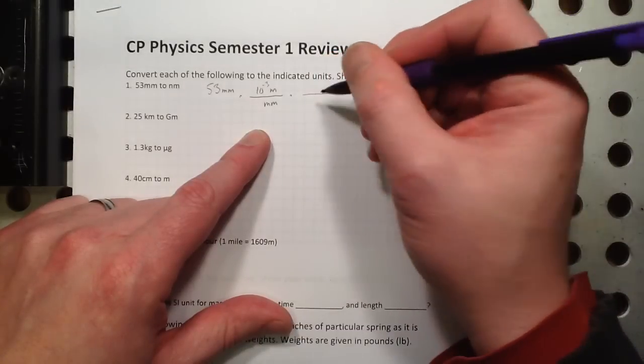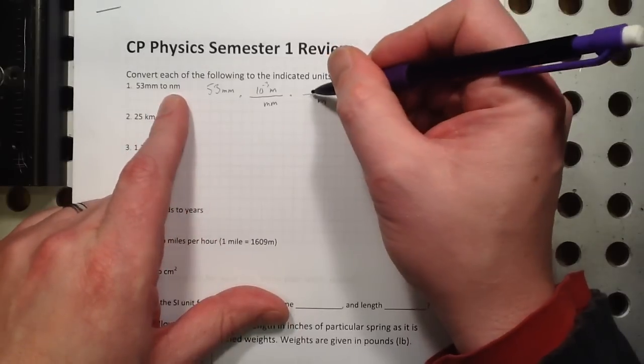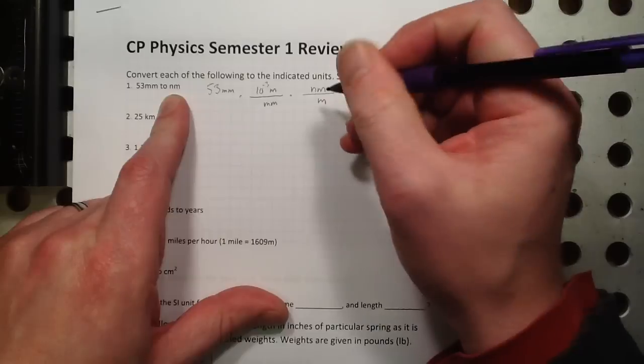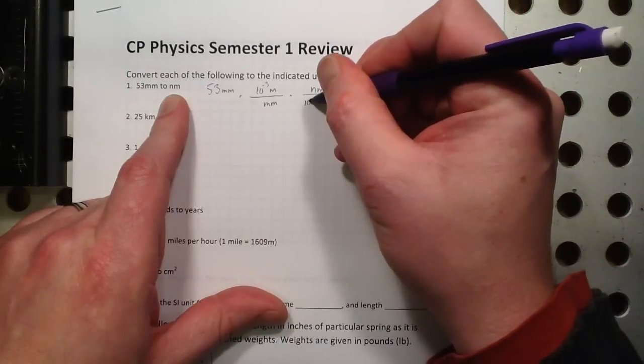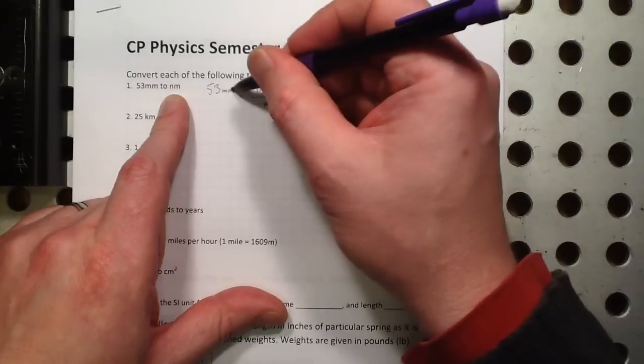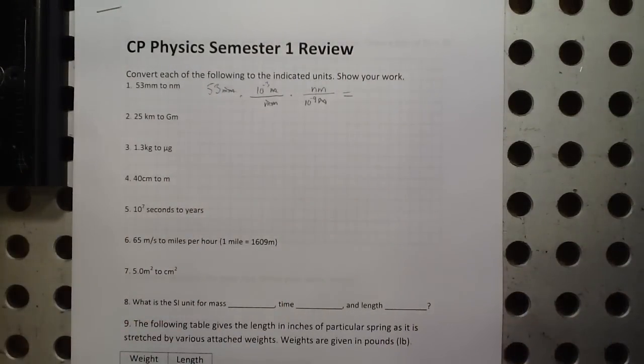And then I want to convert the meters to nanometers. And I know that nano means 10 to the negative 9. Alright, so those cancel, these cancel, and that'll give me my correct units.